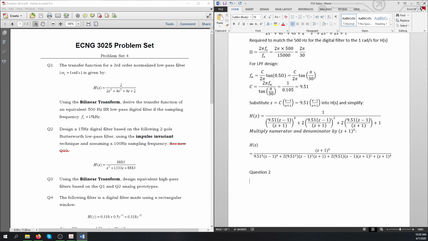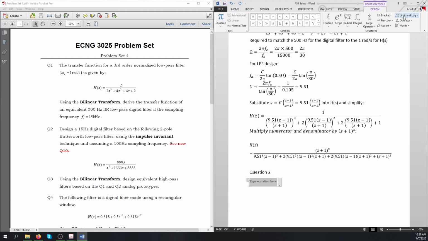Alright. So in doing question 2 here, we start with our H(s) equation.